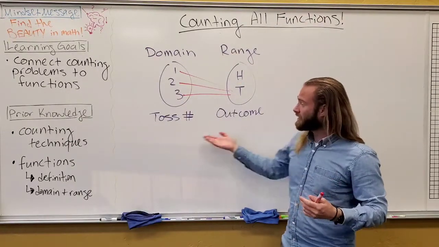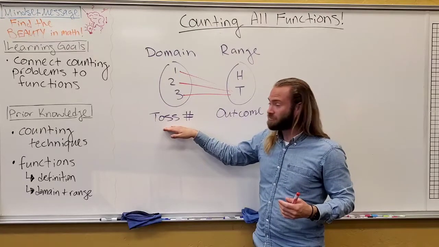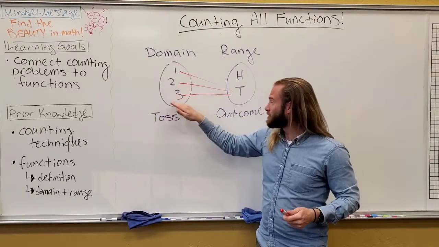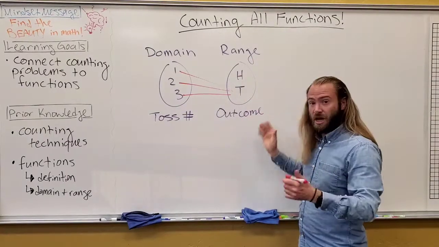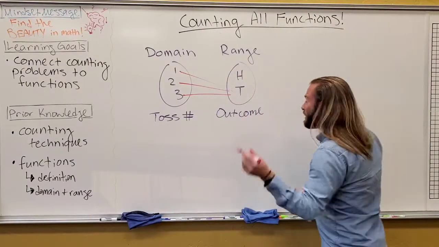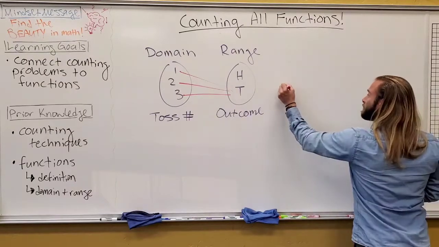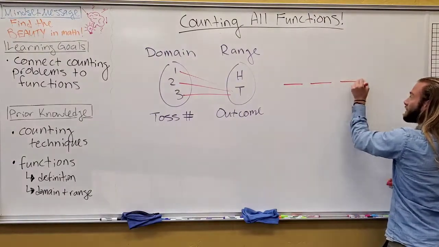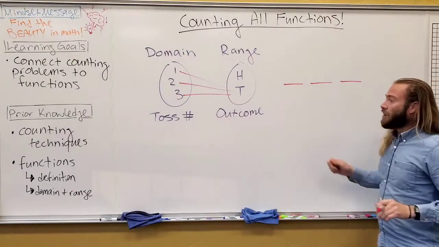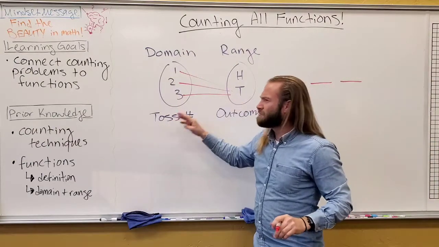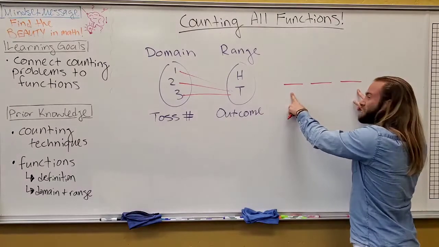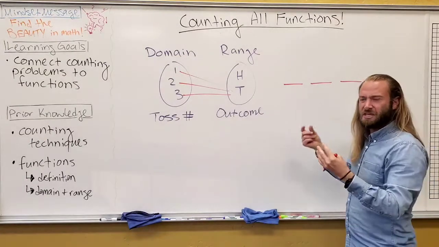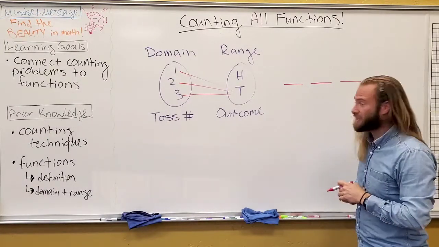So in our particular case, the toss number is going to form our domain, and then the possible outcomes is going to be our range. Now, it's important to remember, in counting problems, when we're thinking about counting all the functions up, always the domain is going to be like a way to label the slots you're filling. If we think of the pathway method that we've learned to count things.